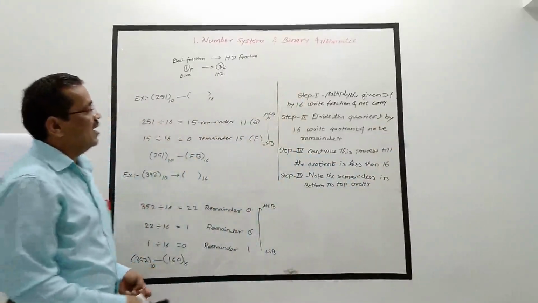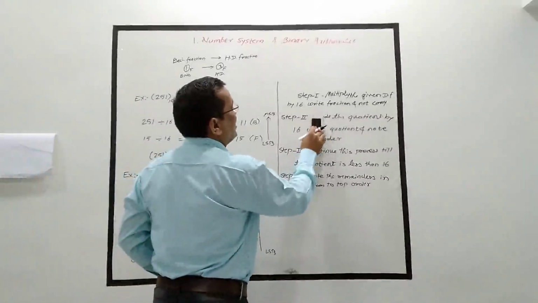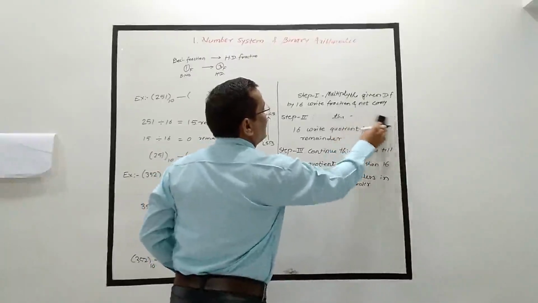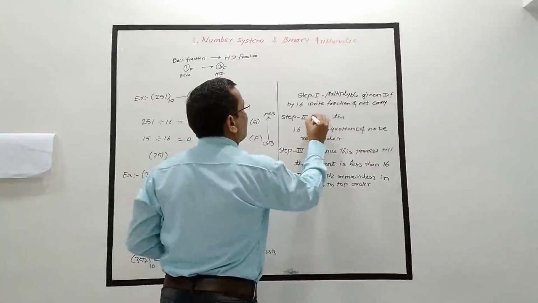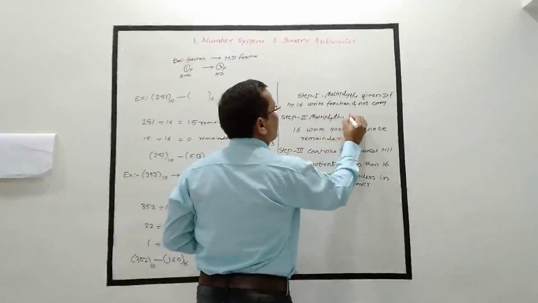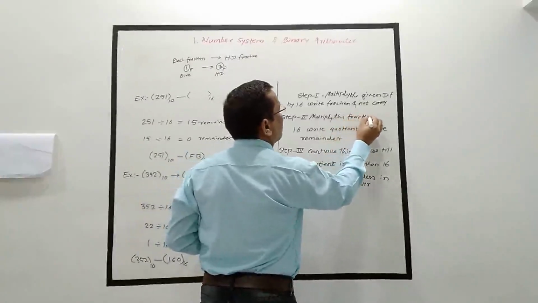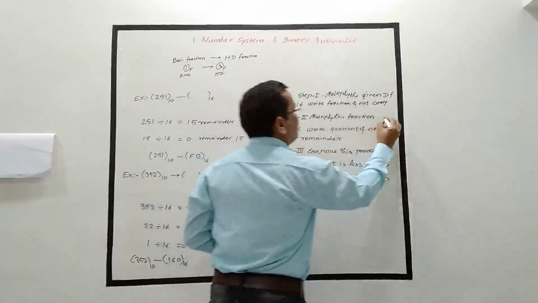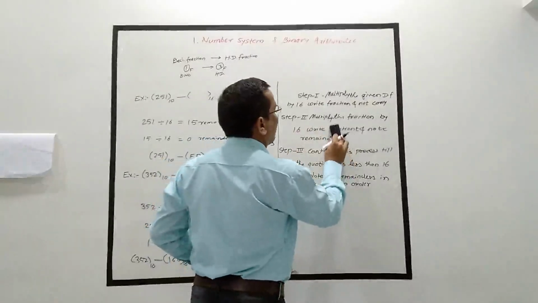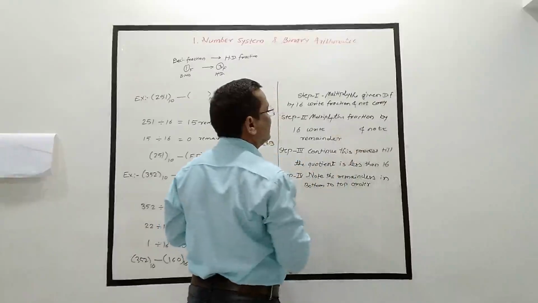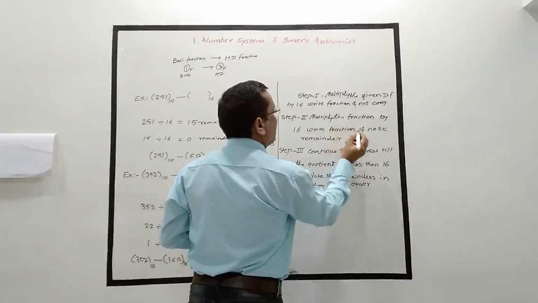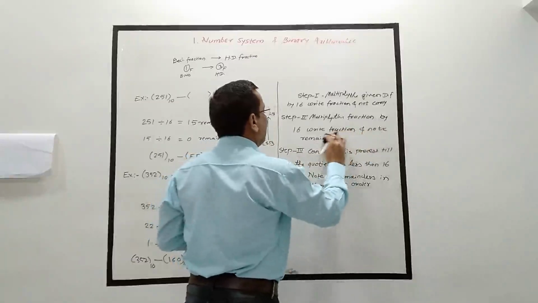Second step, again multiply the given decimal fraction by 16 and write the fraction and note the carry.